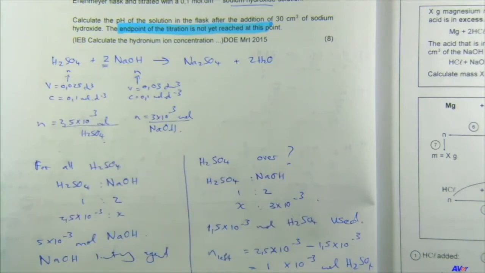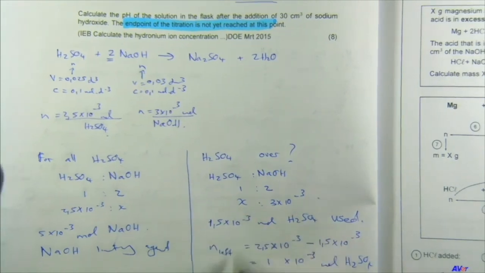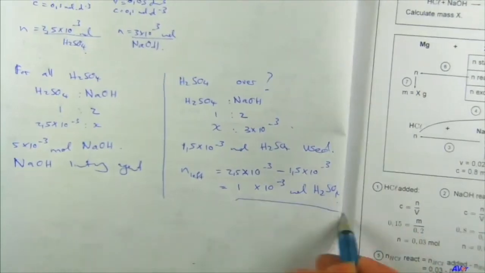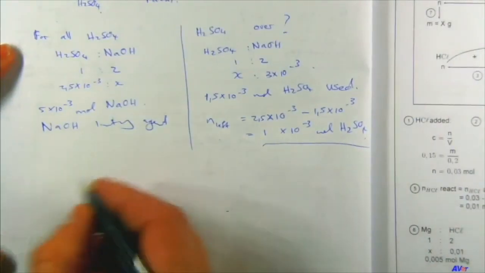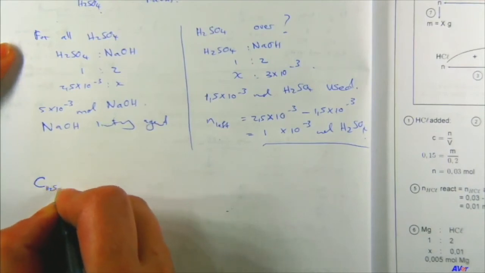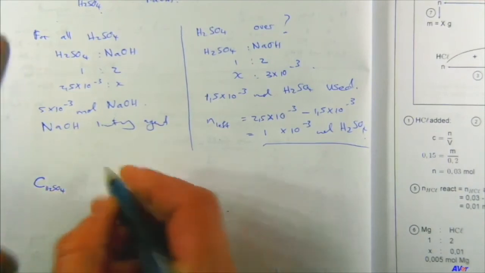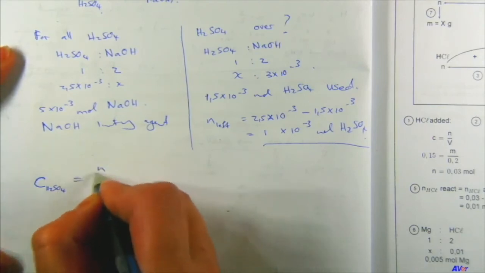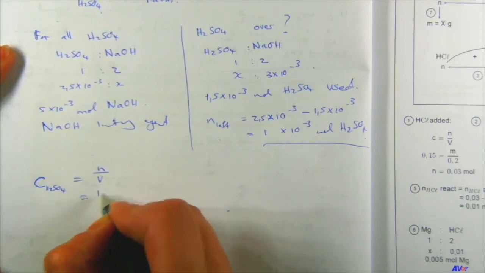The pH will be determined by what is left over. And we now know there's sulfuric acid left over. So let's just quickly say, what is the concentration of this sulfuric acid that is left over? Moles per volume. We now know there's 1 times 10 to the minus 3 left over.